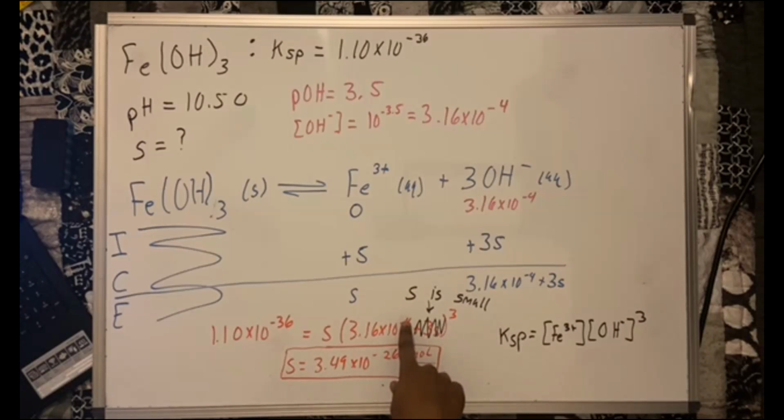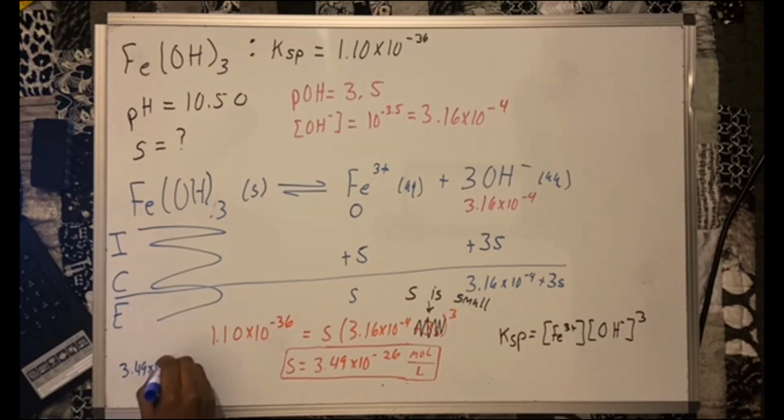Cool. And then do we need to verify? Yeah, I still need to verify. You're right. So let's verify. I take my 3.49 times 10 to the negative 26 over my 3.16 times 10 to the negative 4, times 100.